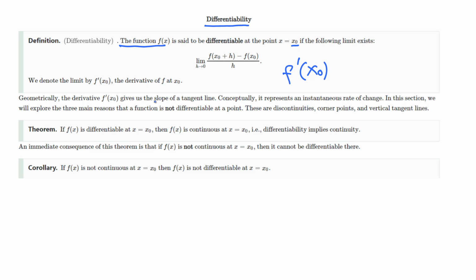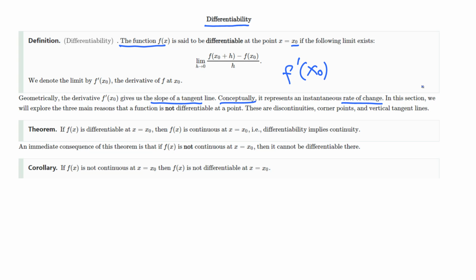Derivative means slope of the tangent line. Conceptually, it represents an instantaneous rate of change. So it's the slope of the tangent line geometrically, but conceptually it's the rate of change.